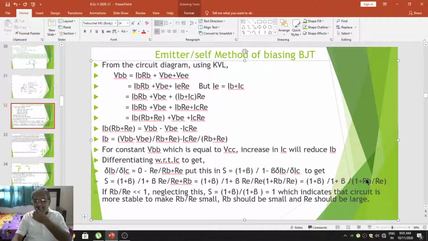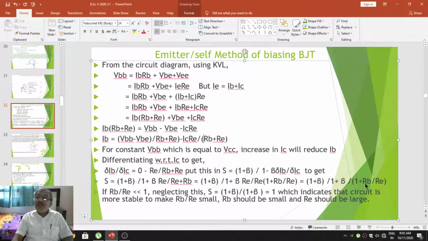To increase the stability of this particular circuitry, we have to obtain the value of stability factor less. To make the value of stability factor less, this denominator should be more. To make this denominator more, 1 plus R_B upon R_E should be less. To make 1 plus R_B upon R_E less, R_B upon R_E should be less.